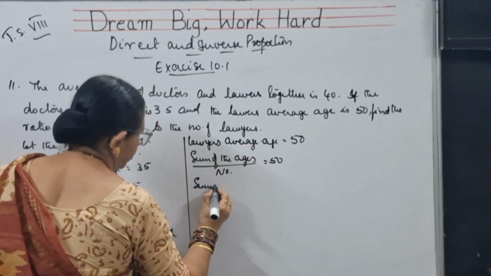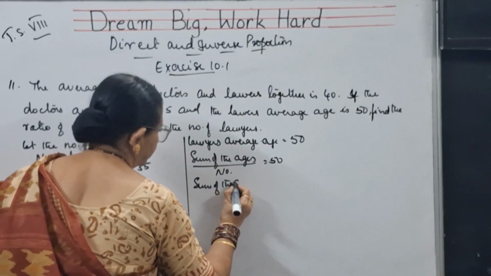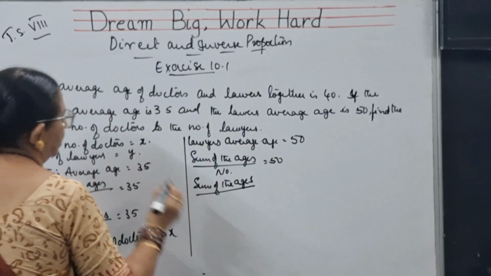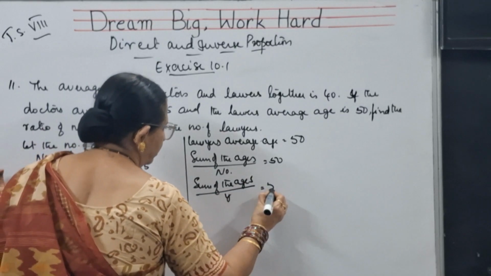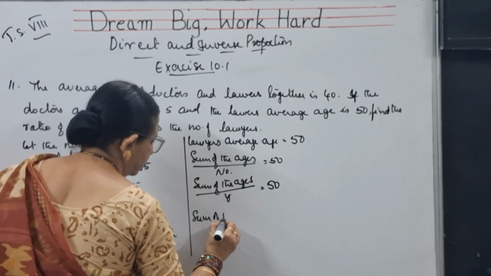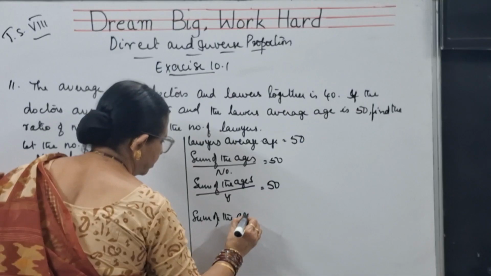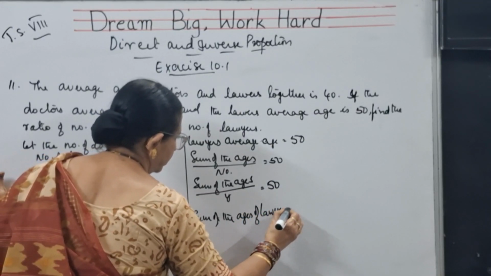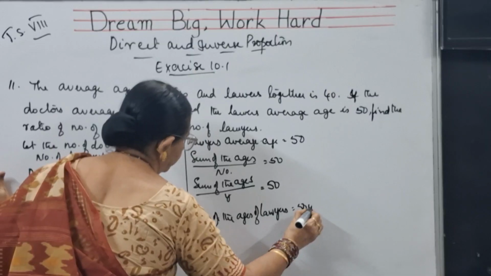Means sum of the ages by the number of lawyers, which we are considering as y, is equal to 50. So the sum of the ages of lawyers is 50y.